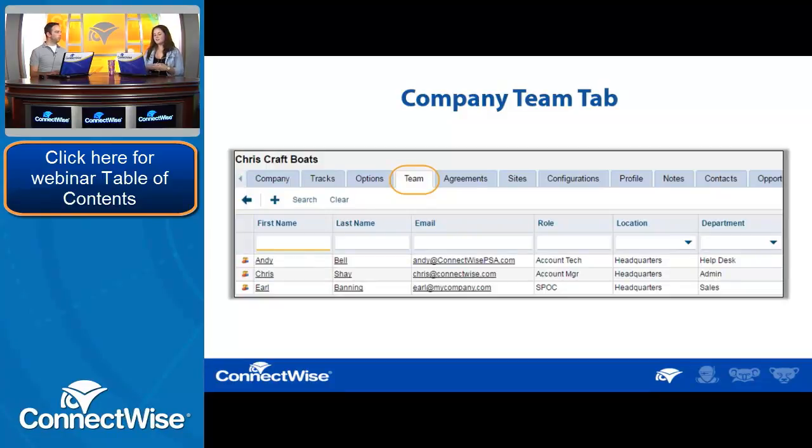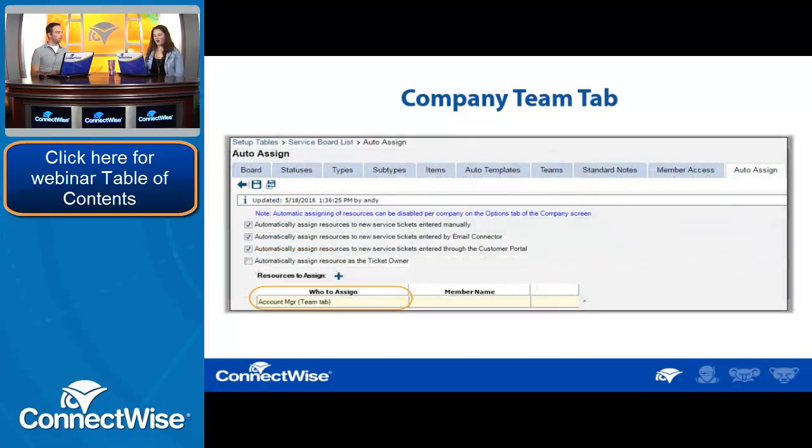You'll notice that under each of your companies, you do have a team tab where you're able to start specifying what relationship different members in your organization have to that company. So in this example, we don't have Shivani in our test database, so you can see that Chris Shea is actually the account manager. We've labeled him into that role for Chris Craft Boats, and that means down the road we can start to use things like auto assign.